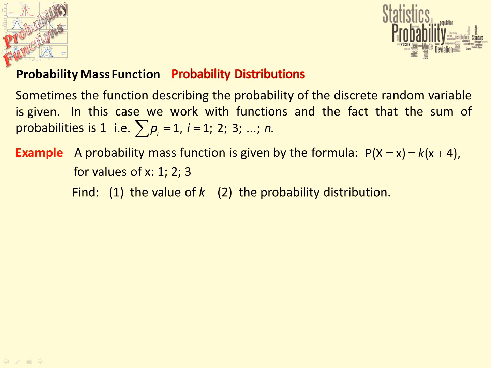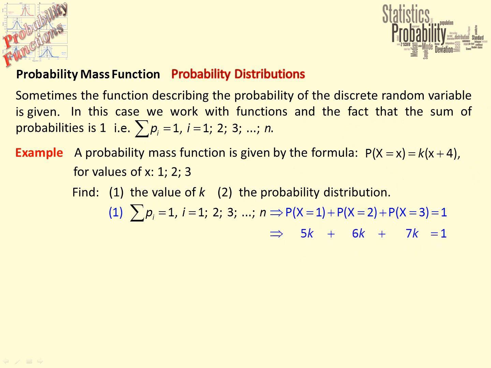There are only 3 possible values of x, so I'm going to take probability 1, 2, and 3 added together is equal to 1. The actual probabilities we could obtain because I just take the 1 and substitute into there, and I get my 5k. 2 into there gives 6k, 3 into there gives 7k. They must equal 1, which means I can solve for k.